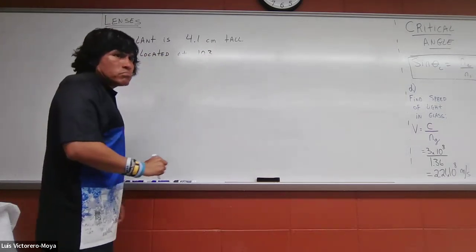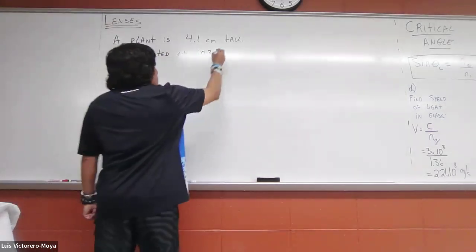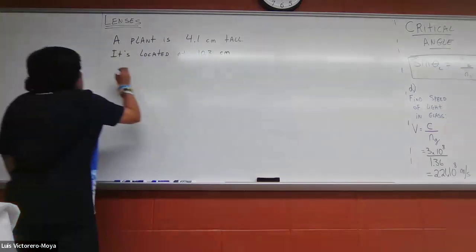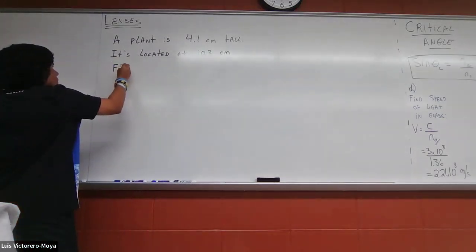So this is one with decimals, all right? 10.3 centimeters from a convex lens.